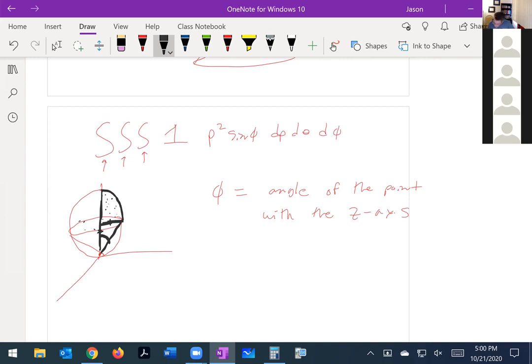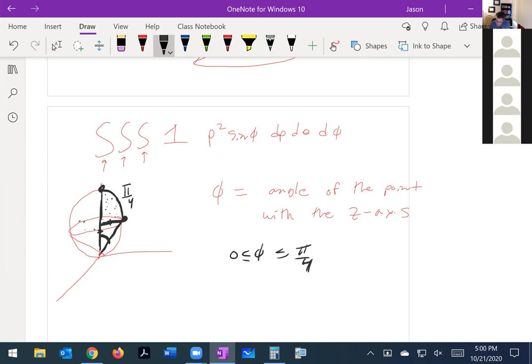So what is phi? Phi goes from 0, which would be this point, all the way down to this point. And so phi goes through an angle of pi over 4. So phi goes from 0 to pi over 4. Oh, okay, that's kind of cool.